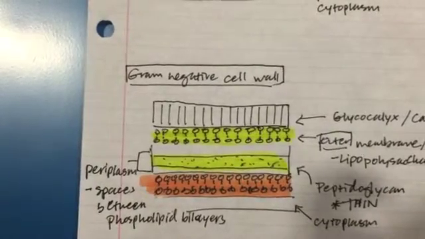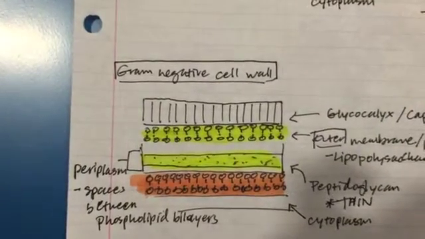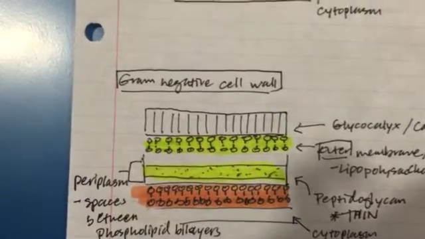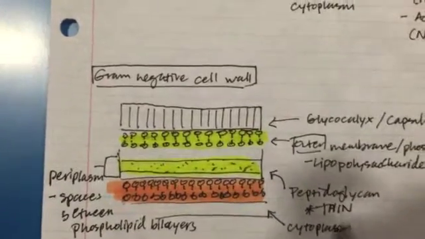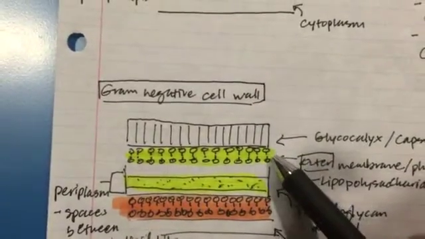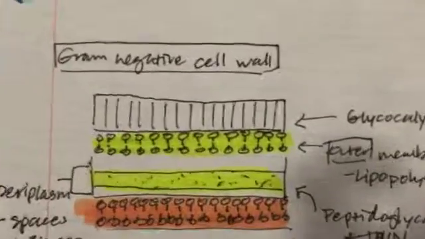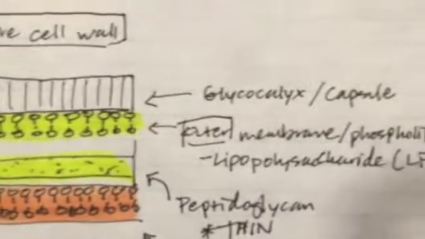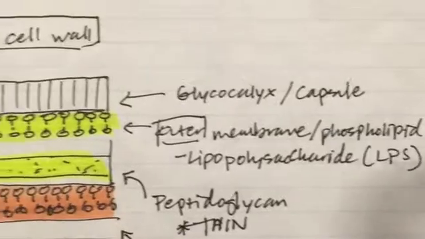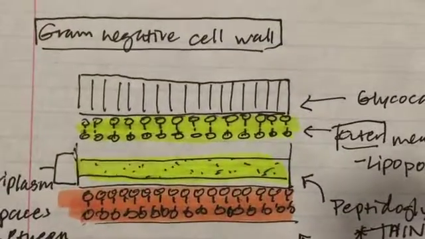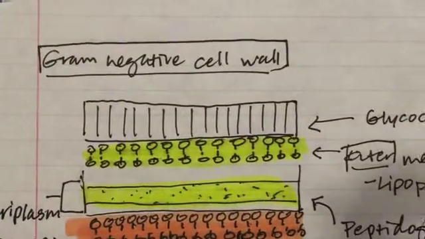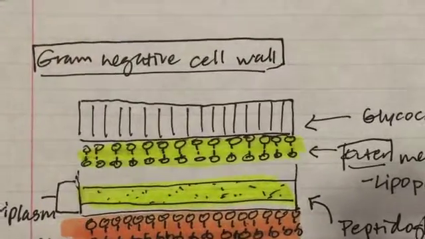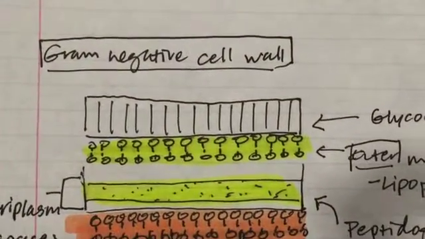Another difference is that the peptidoglycan layer is anchored to an outer membrane. So it has a second lipid bilayer. I'll just zoom in a little bit. Now, the outer lipid bilayer contains proteins called porins.